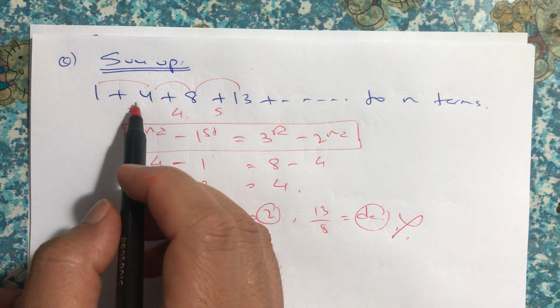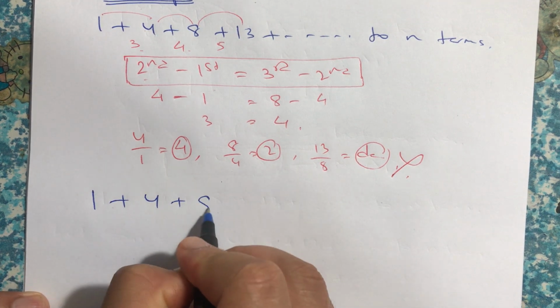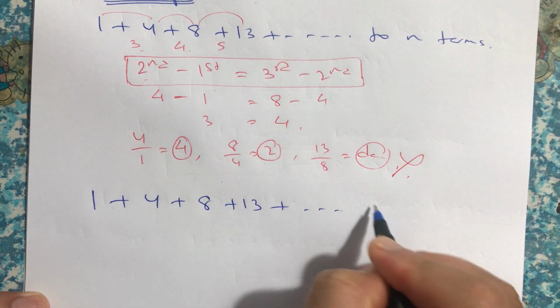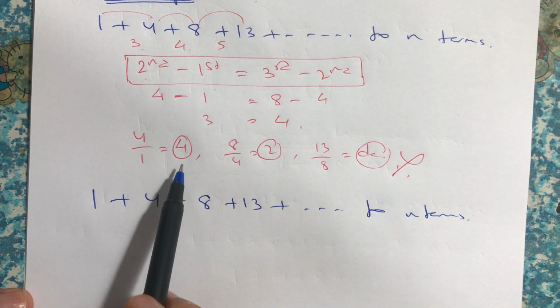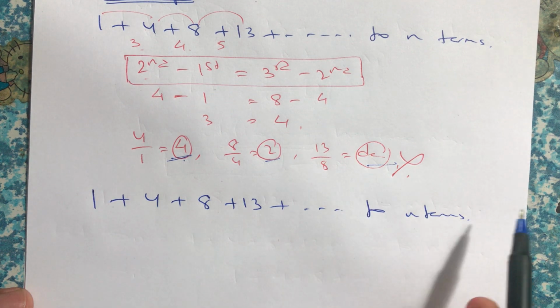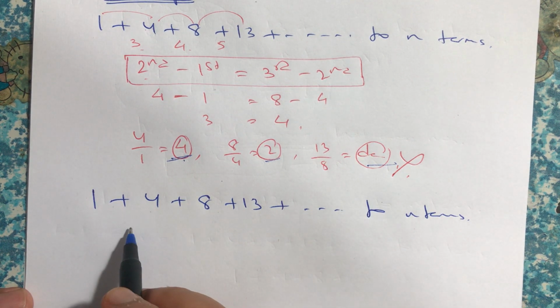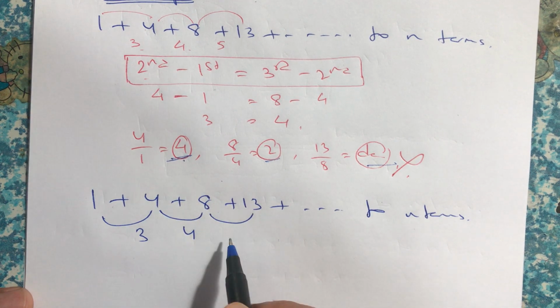But if you look carefully, the series was 1, 4, 8, 13 plus dot dot dot up to 2n terms. The ratios were completely different; we are all getting weird values. But if I look at the differences, the difference between these two is 3, between these two is 4, and between these two is 5.